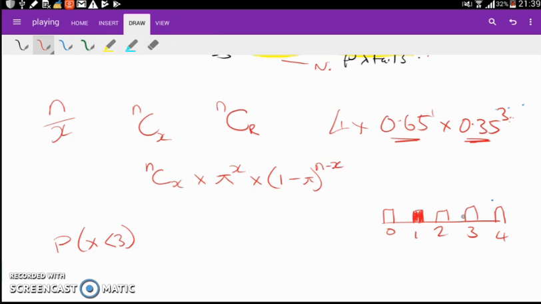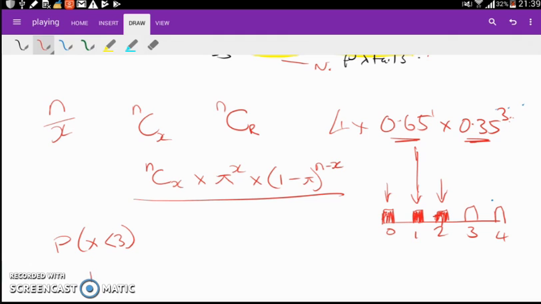So less than 3, we wanted 0, 1 and 2. Well, we quite simply do this formula 3 times. Once when x is 0, we already did it when x is 1, and once when x is 2. So we've already got that from that first time around.